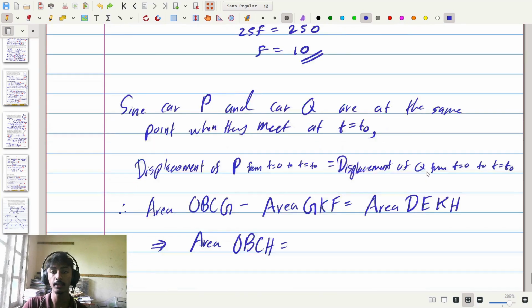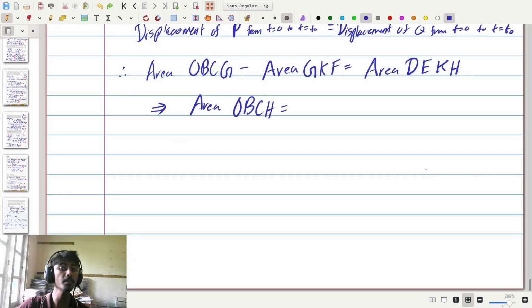So area OBCH is equal to area DEFC. And now we can equate both sides.